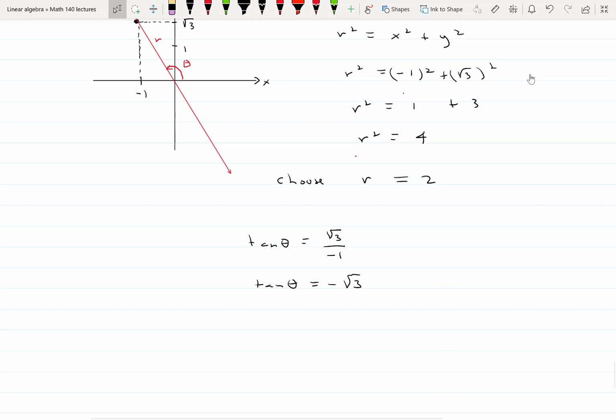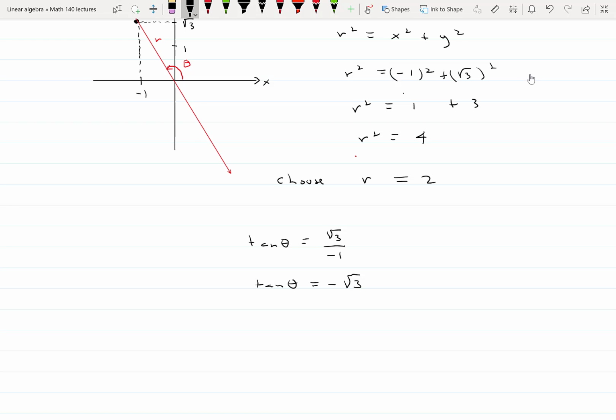The calculator is programmed to give you inverse tangents between -π/2 and +π/2: negative values in quadrant 4, or positive values in quadrant 1.